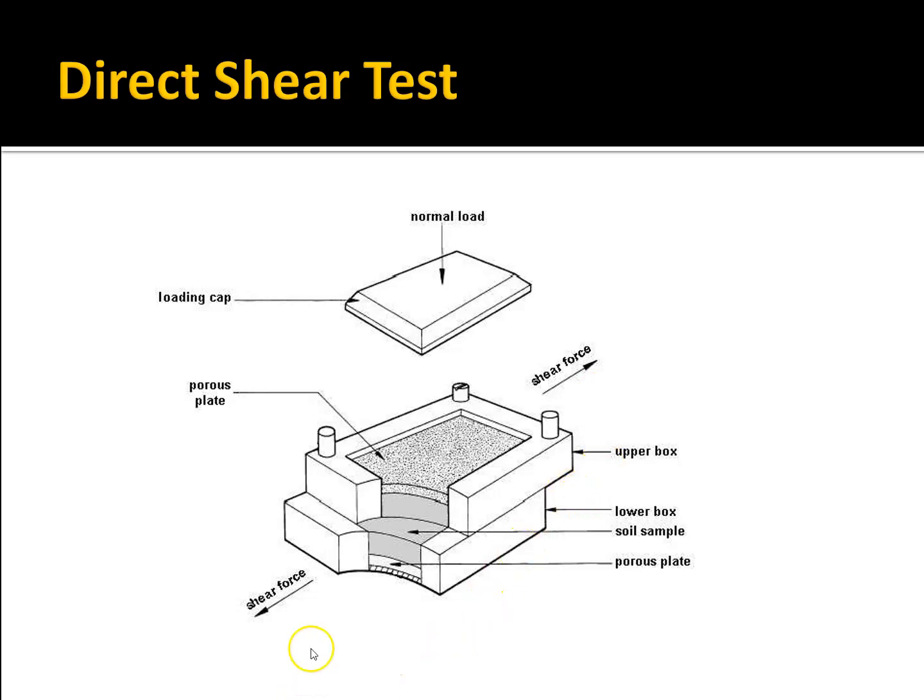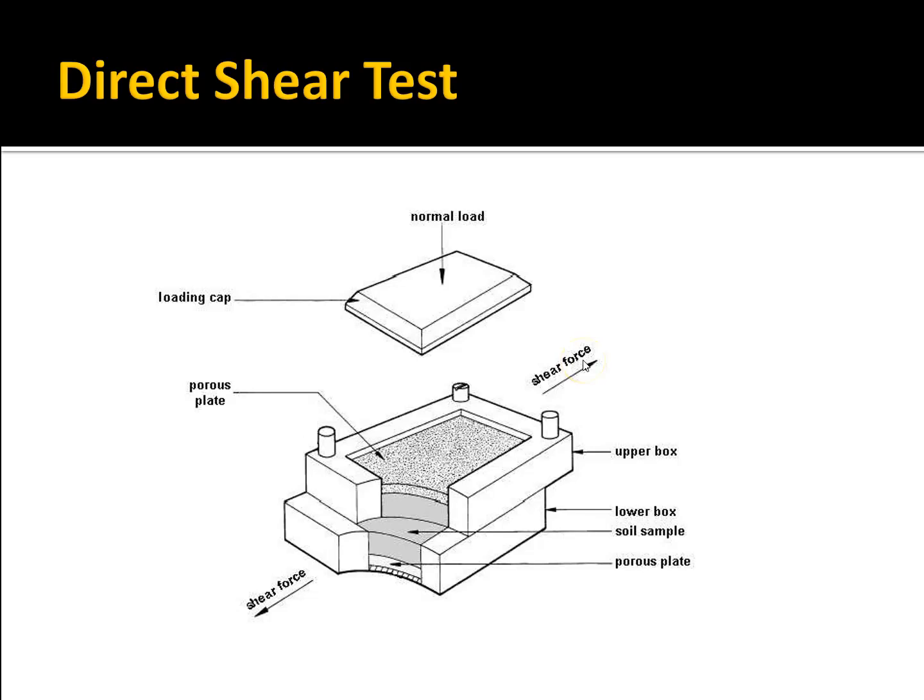And then the upper box is moved laterally in this direction, and that causes a shearing plane to occur. And you measure the shear resistance, how much force it takes to move that laterally.